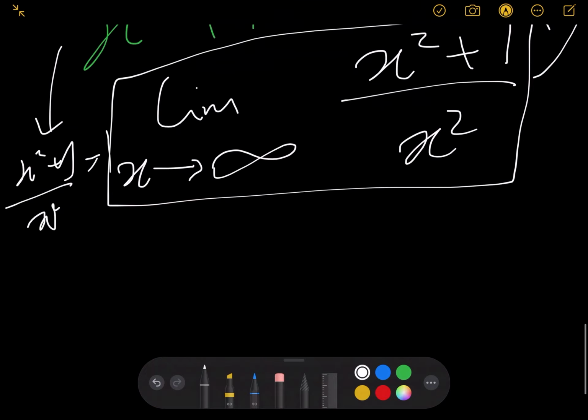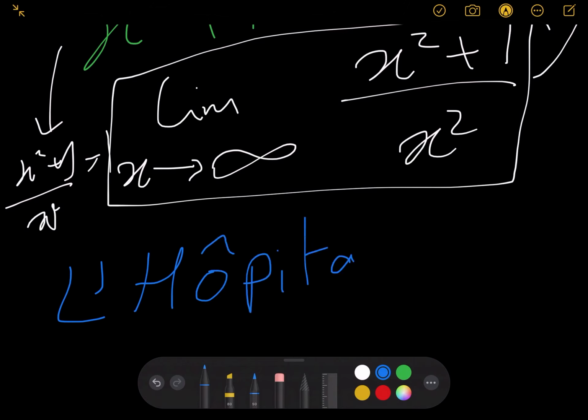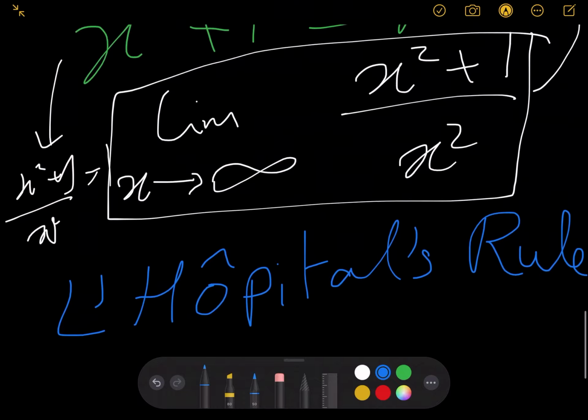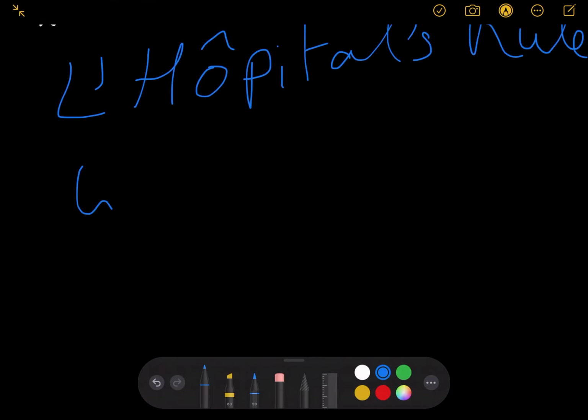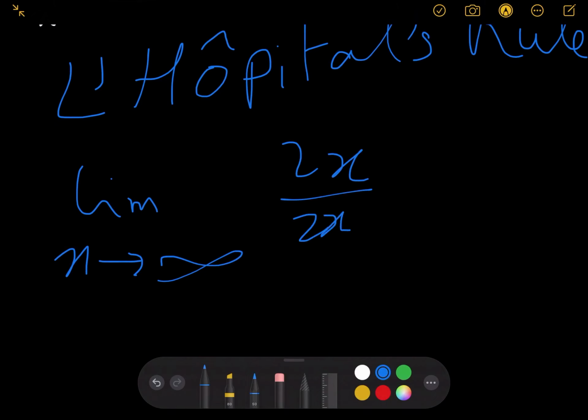And over here, you can use L'Hopital's rule because both functions are very nice, continuous, differentiable, all of that. So you can just go ahead and say limit as x approaches infinity of 2x over 2x, which is obviously just 1 because these cancel out.